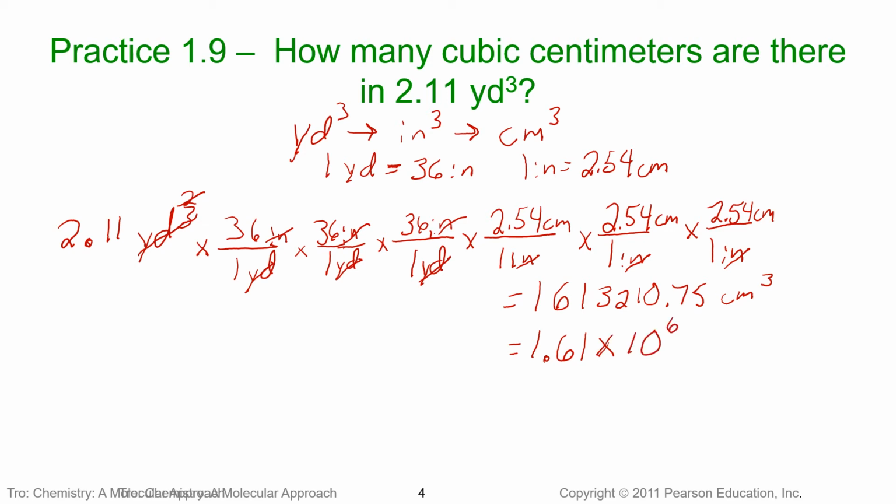And sometimes when numbers are very large or very small, it's much easier to look at them in scientific notation. So instead of 1.61 million, we can put 1.61 times 10 to the 6. So our units are correct. We're in cubic centimeters, and we got a much larger number than yards because centimeters are smaller.